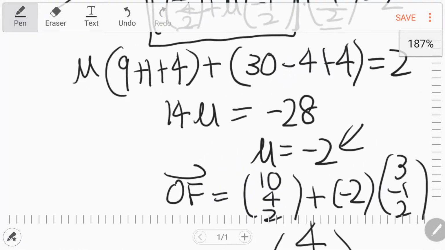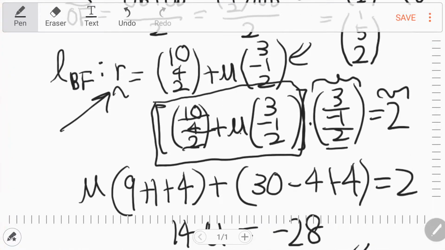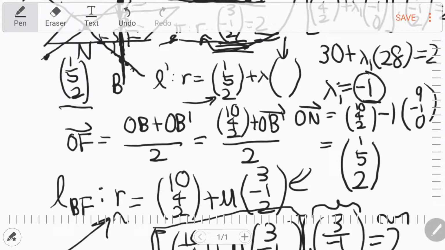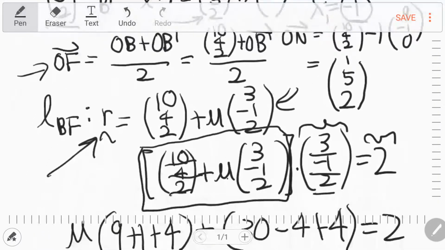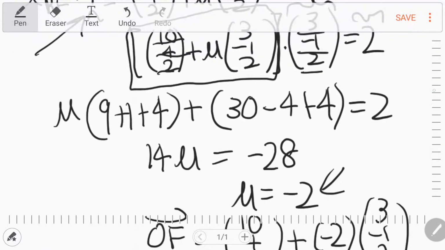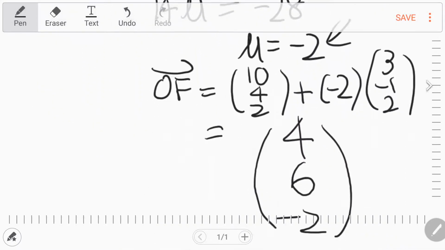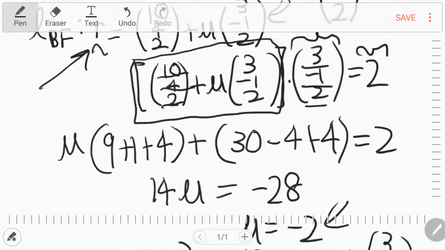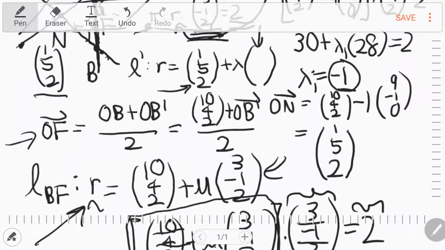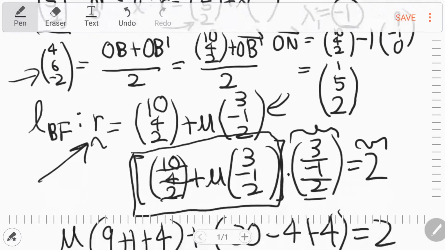Knowing that is my OF, I will just substitute inside here, and I will get my OB prime. So what is our OF? My OF is 4, 6, minus 2. So I come back and substitute inside here, 4, 6 and minus 2. Is that OF?